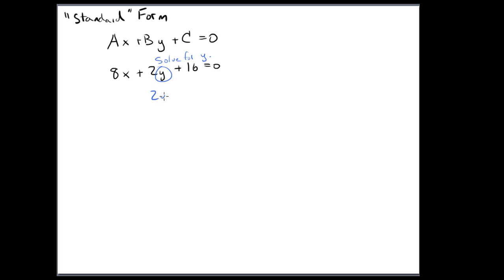So 2y plus 16 is negative 8x. 2y is equal to negative 8x minus 16. Y is negative 4x minus 8. Okay, so from here, what do we know? M is negative 4, and we happen to know right here b is negative 8.